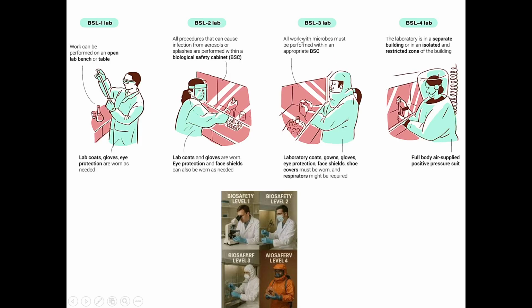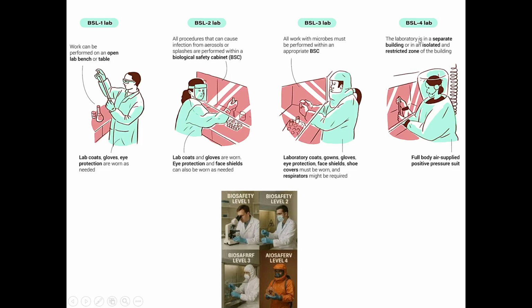In BSL-3, all work with microbes must be performed within an appropriate biosafety cabinet. This is the biosafety cabinet, and laboratory coats, gowns, eye protection, face shield, and shoe covers must be worn, and respirators are required. You can see they are wearing a respirator, so they do not inhale any sort of pathogens from here.